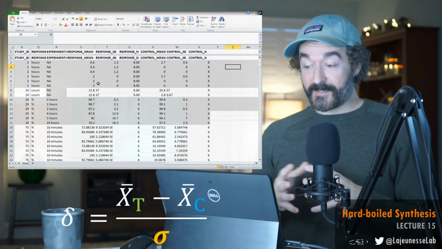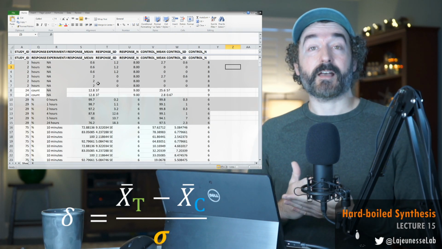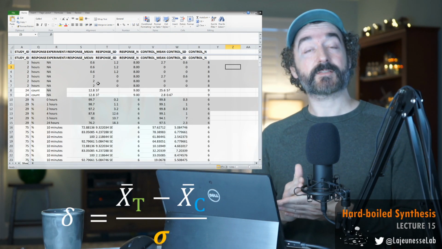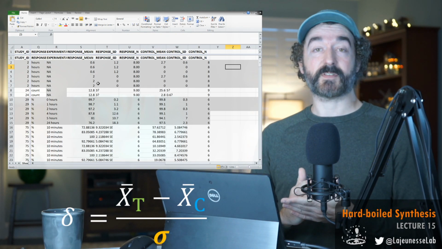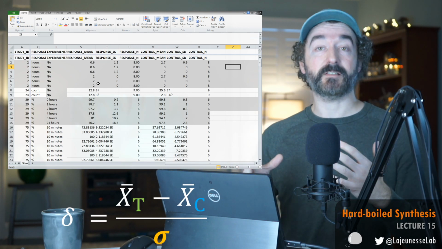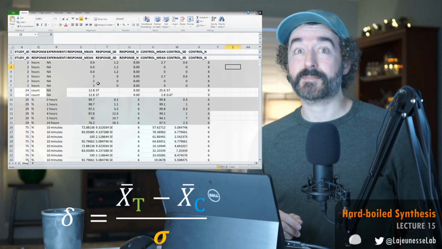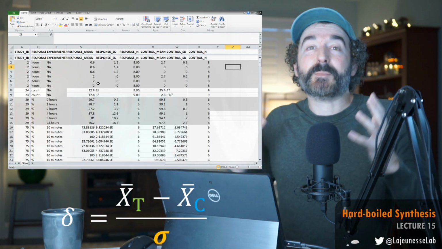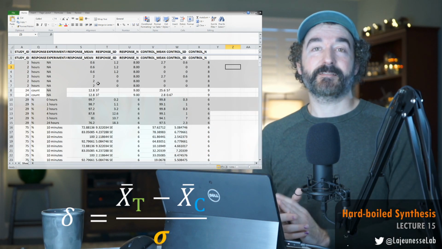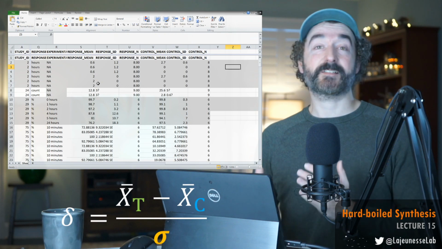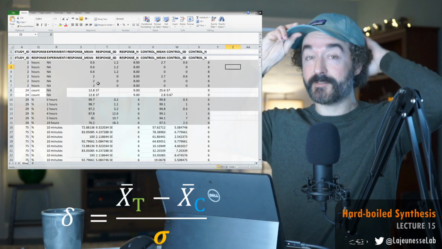But the goal now essentially is to calculate delta, the effect size, calculate its variance, and then correct those things to create Hedges' d and the variance of Hedges' d. Again, in the previous lecture on effect sizes, there's some confusion in how these effect sizes are described in the literature.